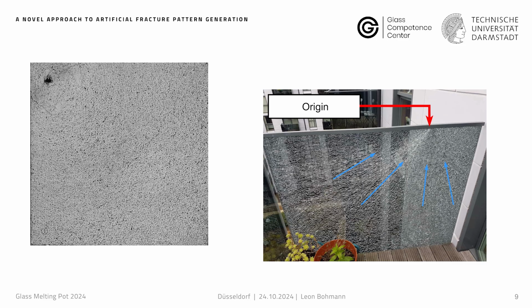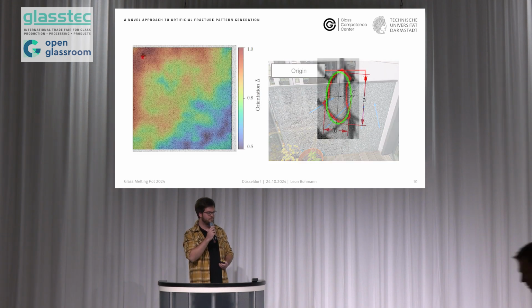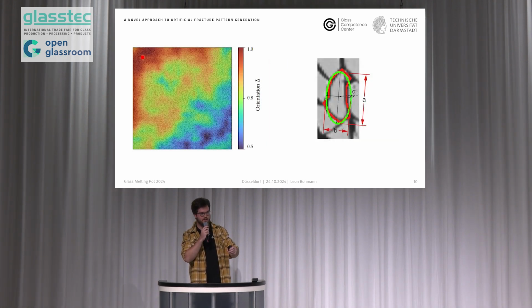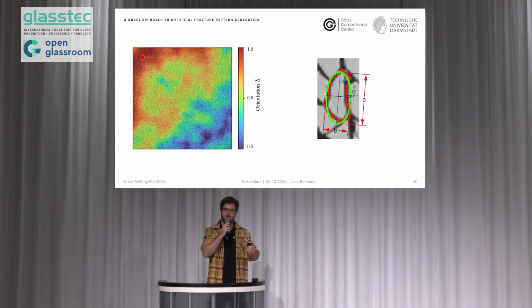Looking at this, I tried to analyze the fracture patterns in terms of distance to the impact position. When we try to put an ellipse around each fragment, we get some kind of orientation towards the impact position.